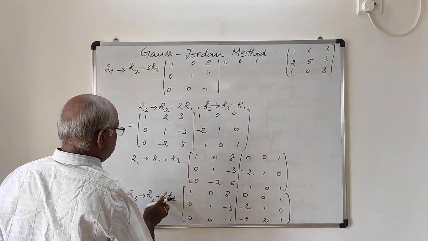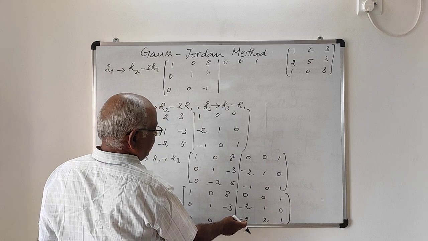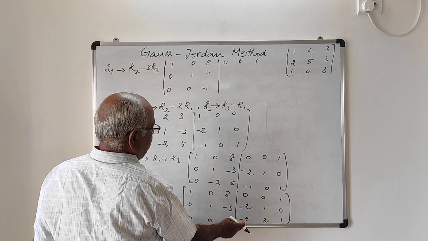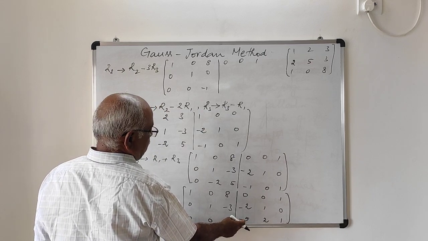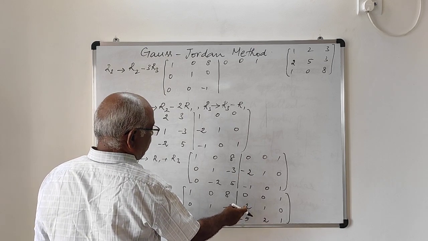R2 minus 3 R3. 3 R3 means 3 times 5, 3 fives are 15.